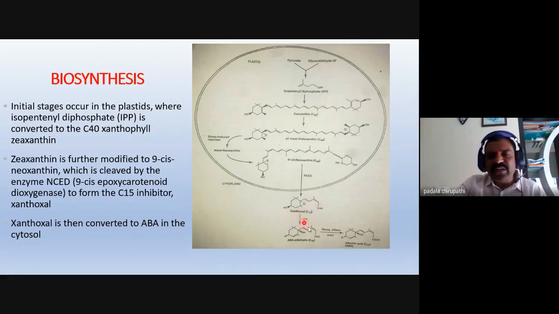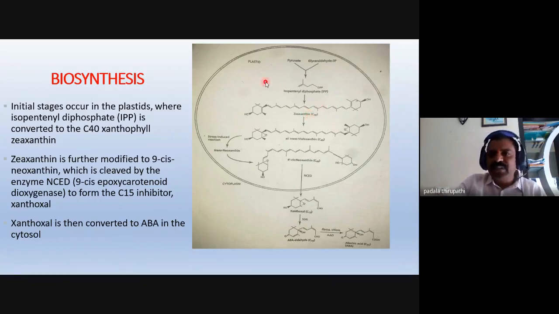So this xanthoxal is then converted, in the presence of SDR, and then ABA is synthesized. ABA is in the cytosol, my dear friends. Cytosol means cytoplasm. All the remaining intermediates and reactions take place inside the plastid, inside the chloroplast, and not only the chloroplast, but also the chromoplast or even the leucoplast.